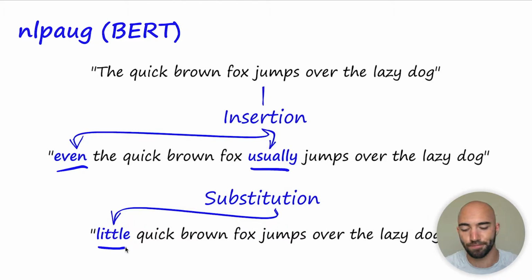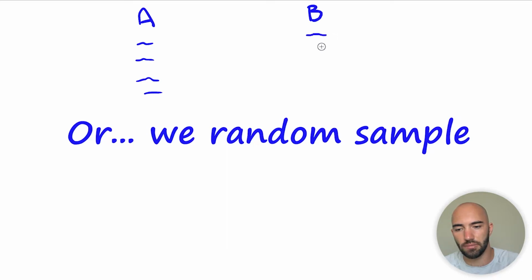But for us, because we are using sentence pairs, we can basically just take all of the data. Say we have A and B over here. Imagine it's like a data frame, and we have all of these sentence A's, and we have all these sentence B's.